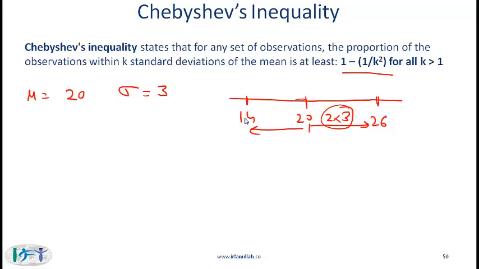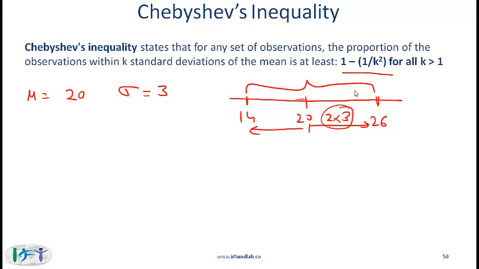So the range 14 to 26 represents plus or minus 2 standard deviations from the mean. So what percentage of the data must lie between 14 and 26? In other words, what percentage of the data must lie between 2 standard deviations from the mean?